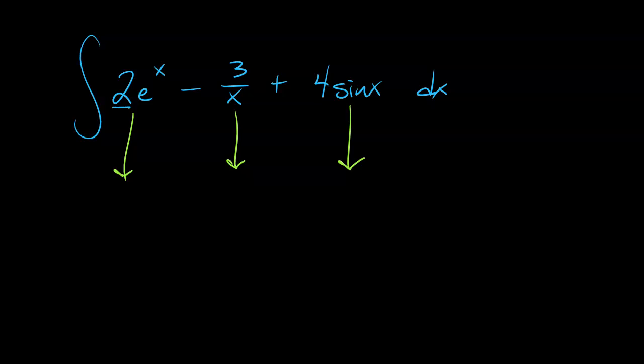What happens when you have a constant multiplier in integration? Correct. So the 2 has nothing to do with the integration. So I am only going to be integrating e to the x. And right before this in our notes, we talked about how to integrate e to the x.